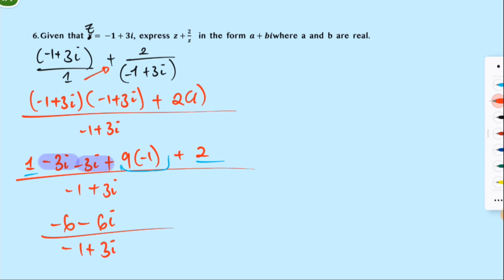Now we have to rationalize the denominator to be able to get rid of that format. So we have to multiply the top and the bottom by the conjugate of this complex number. There we go.